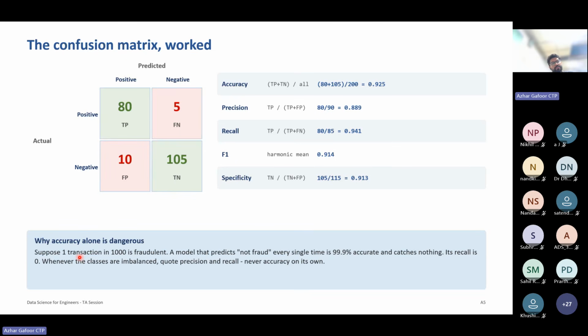Suppose one transaction in 1,000 is fraudulent, and a model that predicts not fraud every single time is 99.9% accurate, and it catches nothing, right? Its recall is zero. So whenever the classes are imbalanced, we have to always quote precision and recall, never accuracy alone.